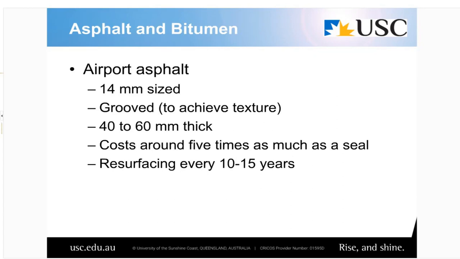But each time they do that, it's going to cost them 5 times as much, and they certainly aren't going to get 5 times the life out of that asphalt. So there has to be some other driver, other than the period between resurfacing, to prompt an airport to upgrade from a spray seal to an asphalt surface.